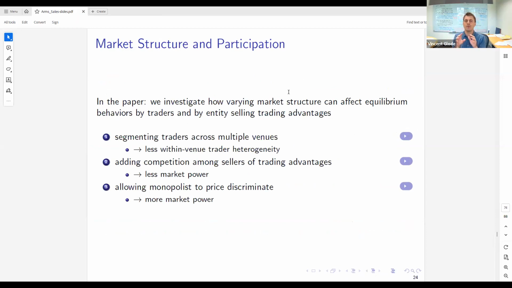What the venues do in this setup, they're not generating more trading advantages. They're just changing the matching function that Albert was discussing, right? They just change who you might bump into. So let's say we are in a retail exchange, so we will only bump into retail investors, and there's this institutional exchange where you only have institutional investors.